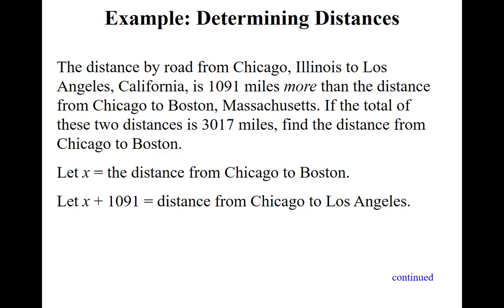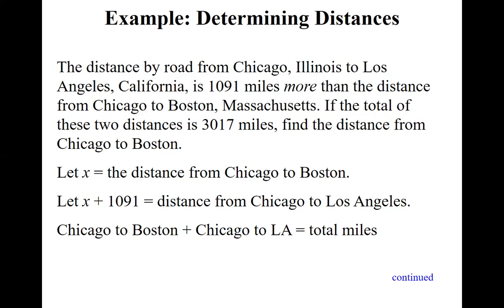We're told that the total of the two distances is 3,017 miles. So the distance from Chicago to Boston plus the distance from Chicago to LA would be the total miles. So x plus x plus 1,091 has to be 3,017. That's our translation. That's what we've understood.